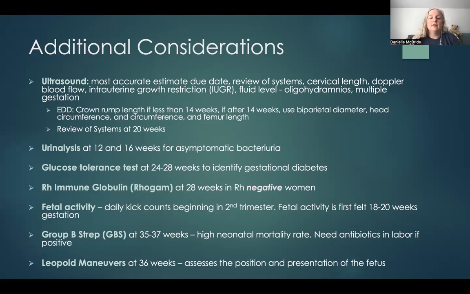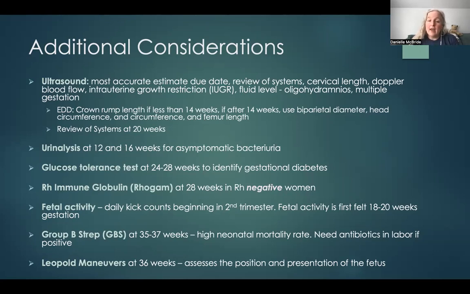The glucose tolerance test. The glucose tolerance test is done on any woman who is not diabetic. All right. If she's diabetic, I already know she's diabetic. Okay. But it's possible to develop, I was going to say it's common, but it's not necessarily common, but it's possible to develop a gestational diabetes that happens just with pregnancy.